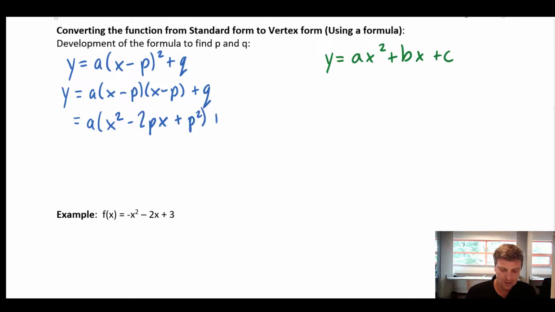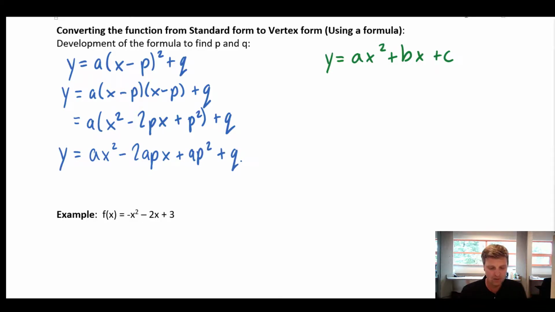And then of course I've got my plus q out there at the end. I'm then going to expand across, so this a term that's out front here, I'm going to multiply that across the entire thing, and I'm going to end up with y is equal to ax squared minus 2apx plus ap squared plus q.